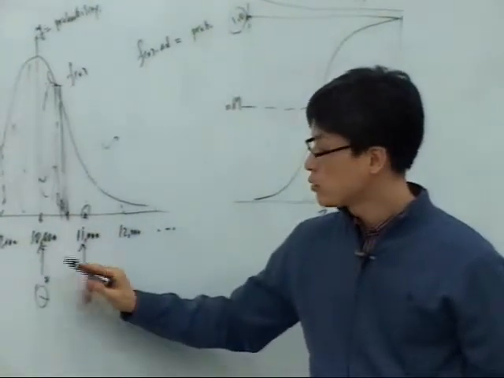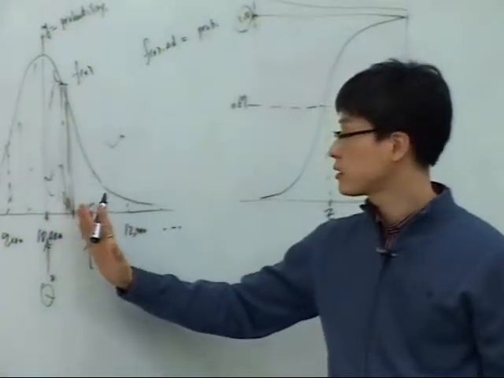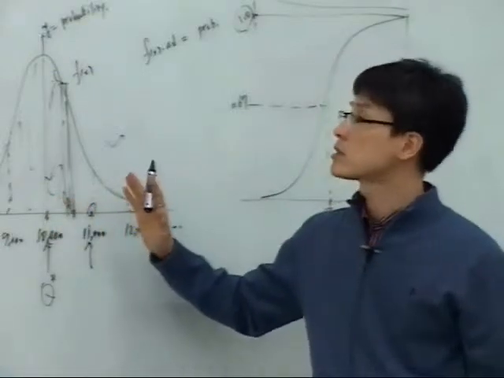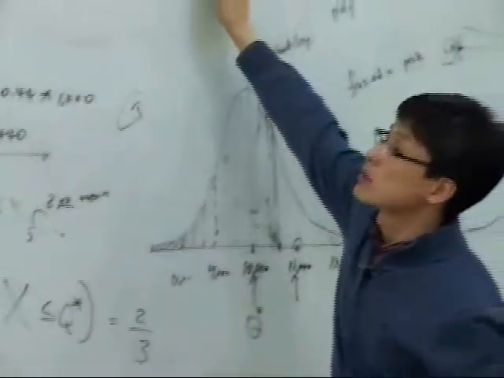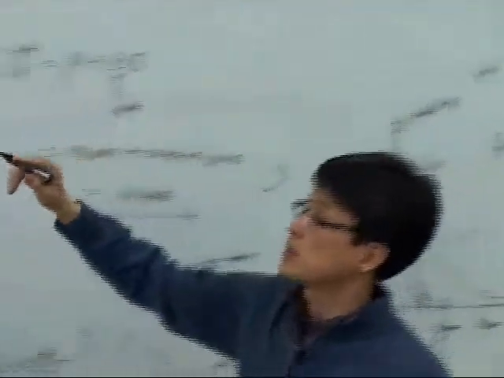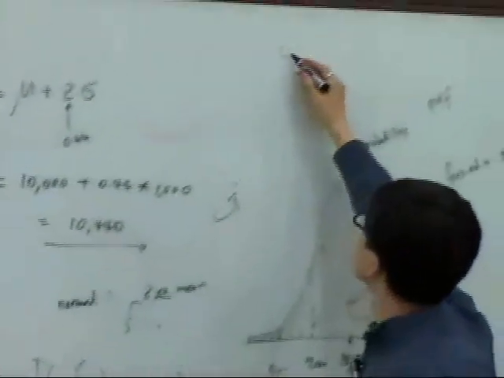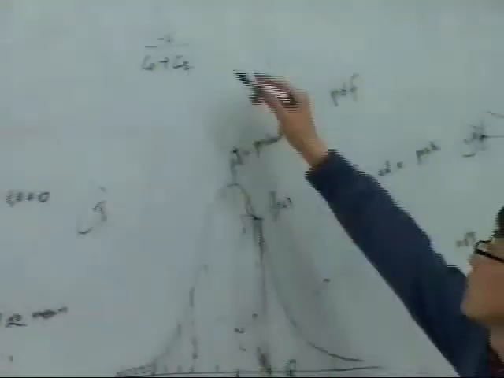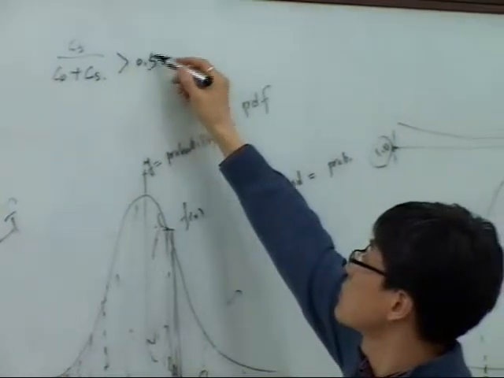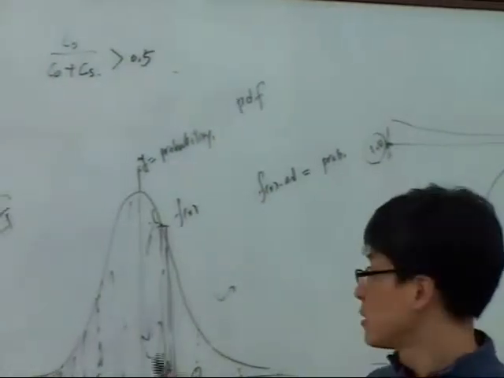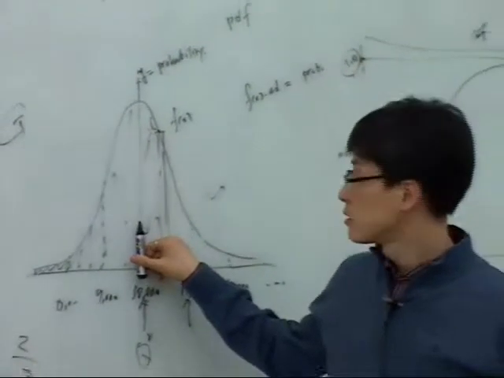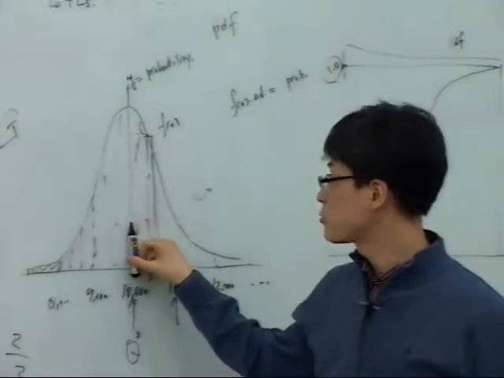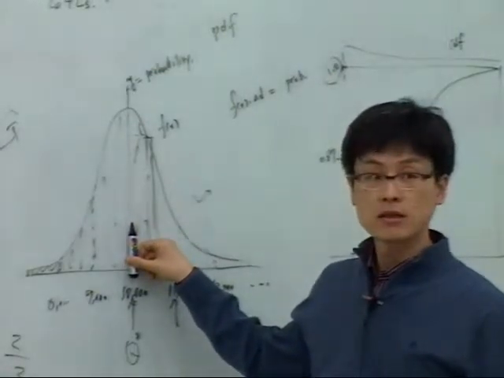Okay, when Q star is higher than mean value, which means this one, if this is greater than 0.5, at the mean, this is half and this is half. So if we choose the mean, then this is 0.5.